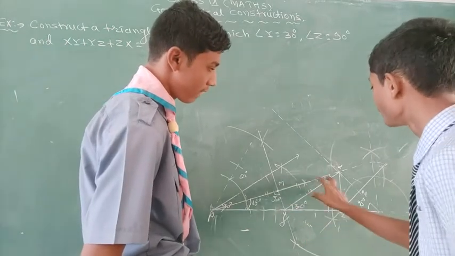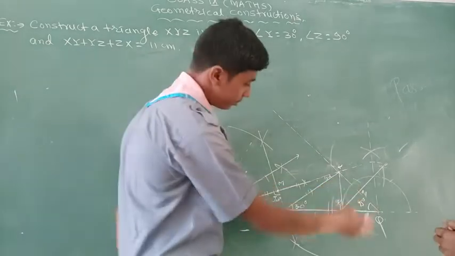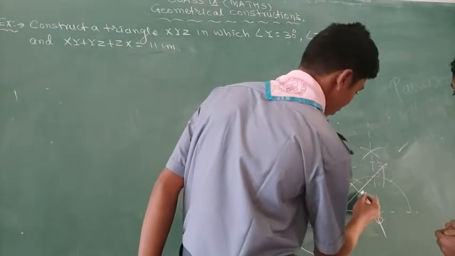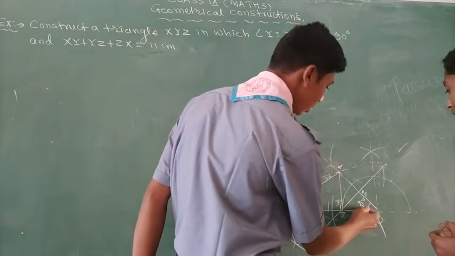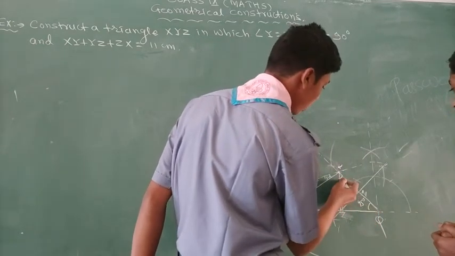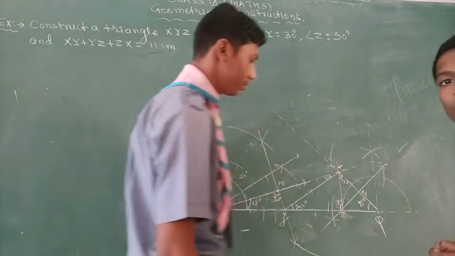That is, 15 plus 15 is equal to 30. Same like that we can prove here, and we can prove that this angle is 90 degrees, 45 plus 45 will become 90 degrees.